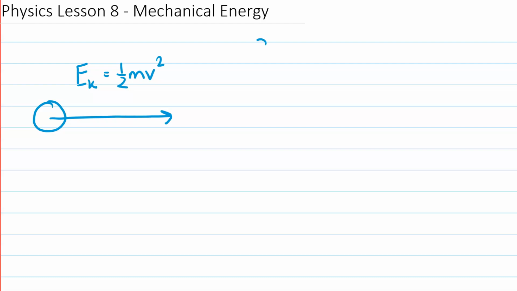We also know if that ball was just sitting up on a table somewhere and it's above the ground, so it has a certain height, then the ball has energy in that case too. What kind of energy? It has gravitational potential energy. How much? It equals its mass times gravitational acceleration times the height.